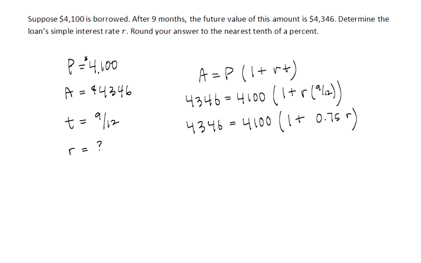So this problem is going to follow very similarly to the first example. In order to solve for r, we want to isolate r on the right-hand side. To begin that process, we will distribute the 4,100.